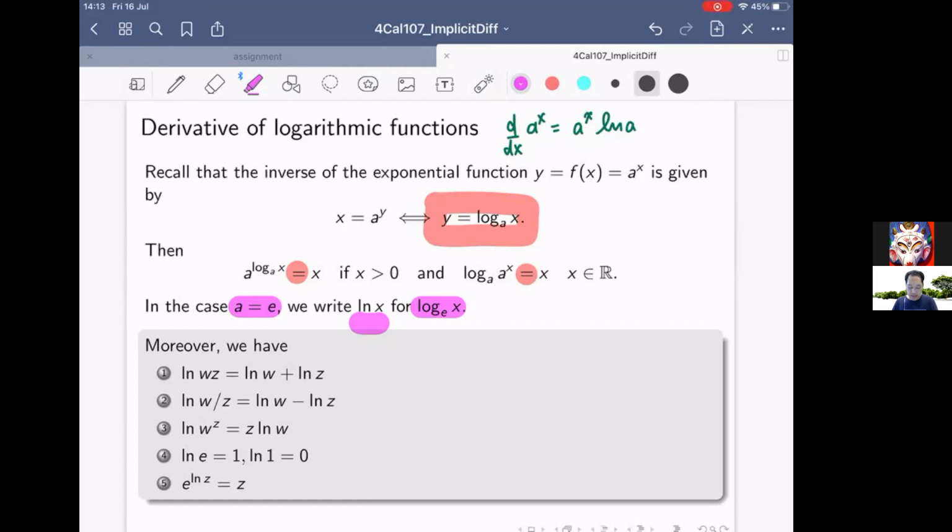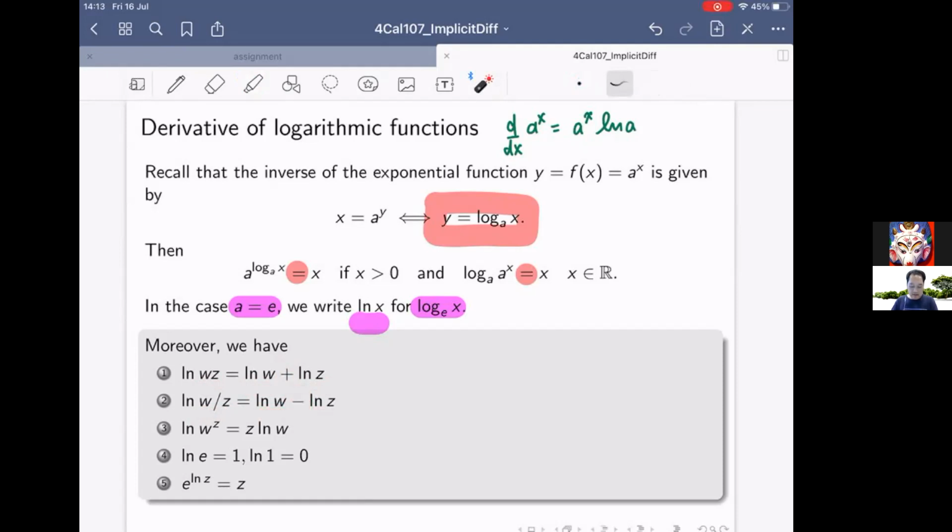Okay, and we also have this kind of relation. The first one is that a log of two numbers multiplied means that you get two logs added. If you have a log of two numbers divided, you get two logs subtracted.